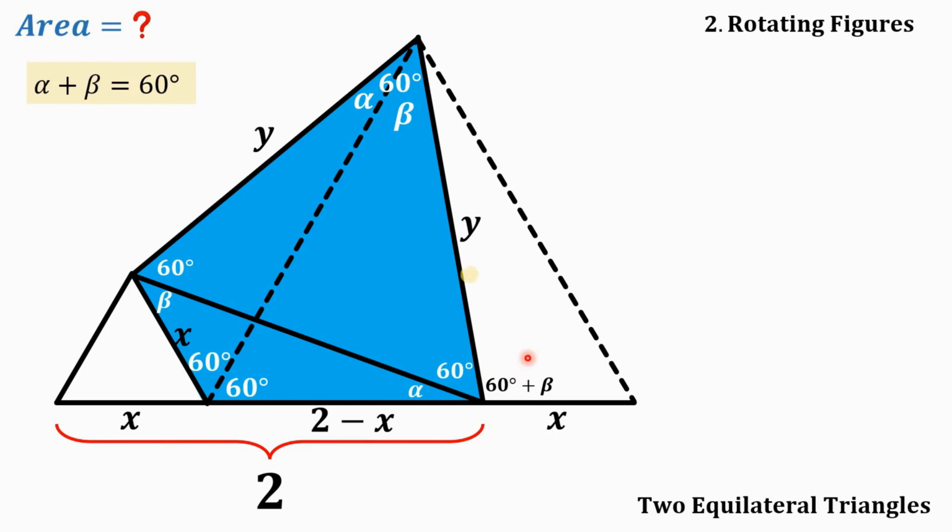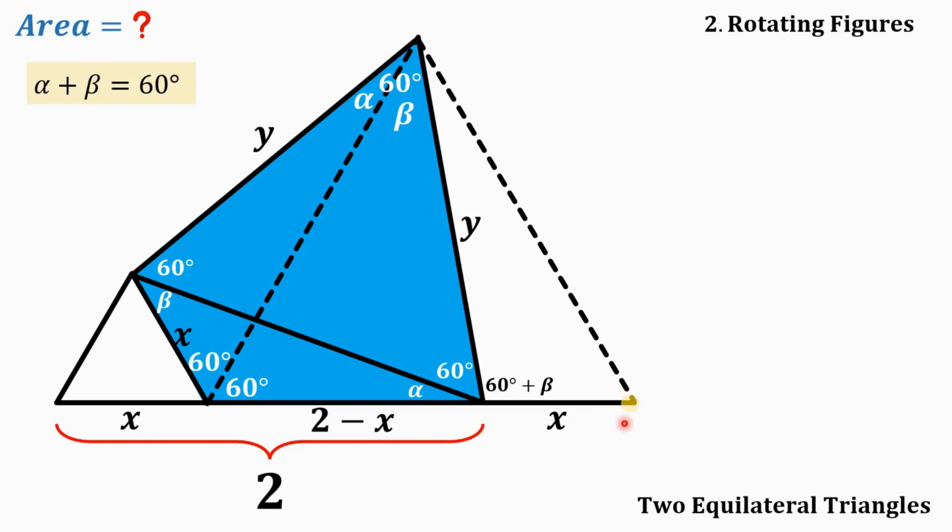Now, also take note, this is y units, this is x units, and an included angle of 60 degrees plus beta. On this triangle, we have here y, we have here x, and an included angle of 60 degrees plus beta also. In short, these two triangles are congruent using SAS postulate.